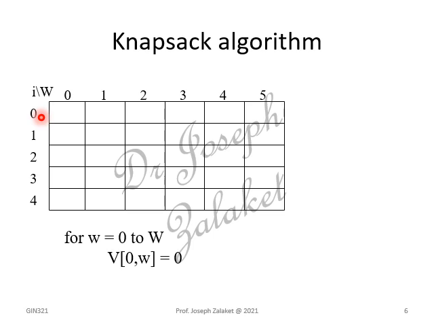Let me apply our algorithm. We will start the first step of our algorithm. For w equals 0 to W, V[0, w] equals 0. So here we'll initialize the first row to the value of 0. Because for sure, if we have 0 objects, the benefit will be 0 for any capacity.